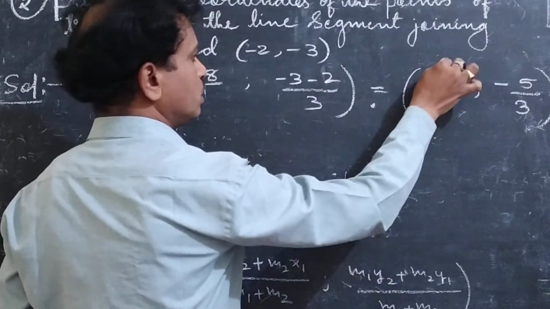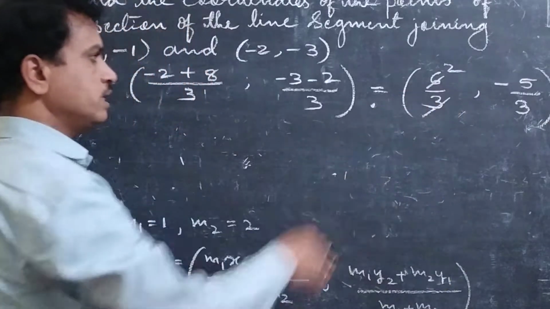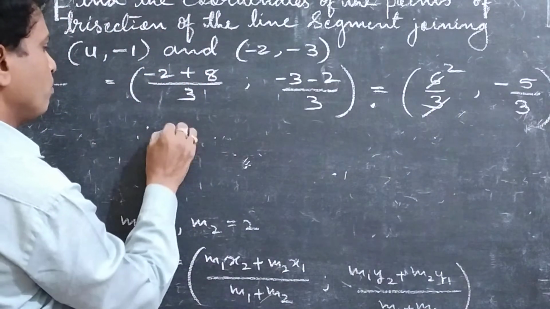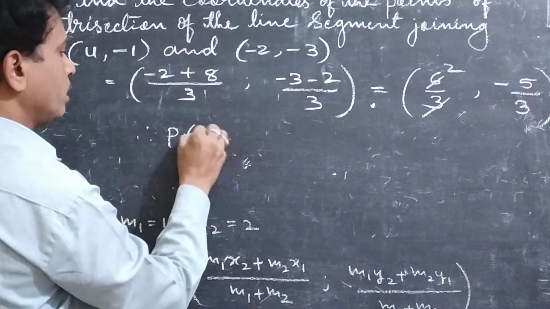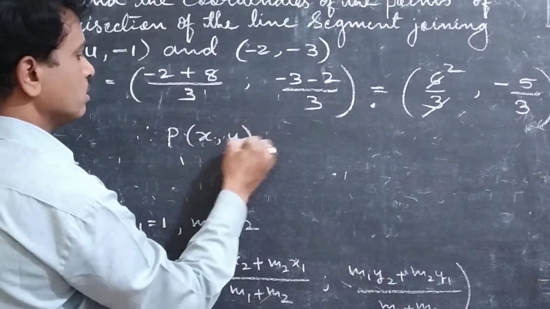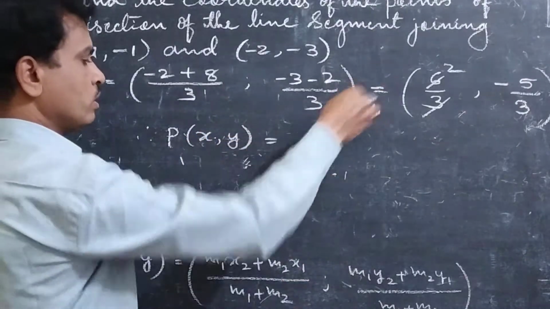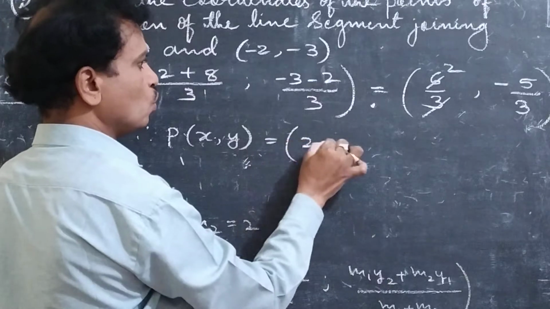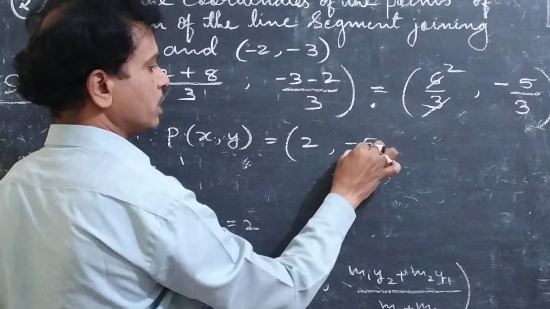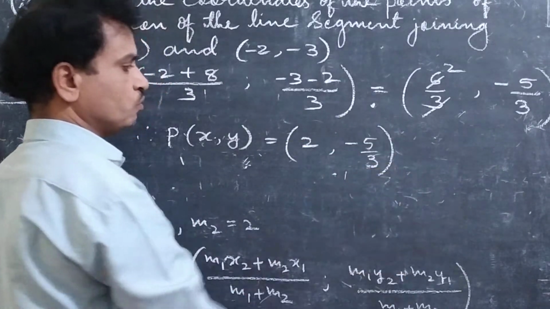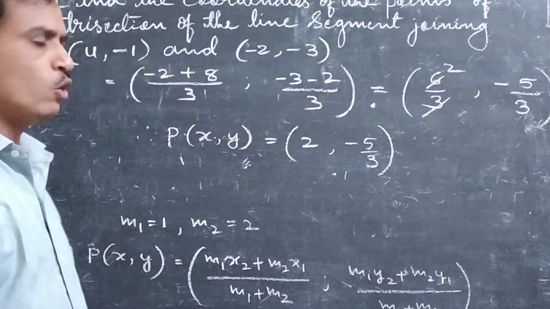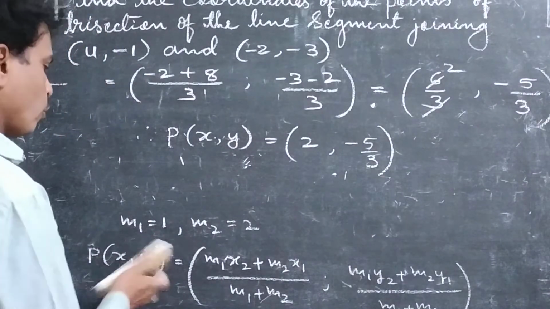So the coordinates of point P are (2, -5/3).